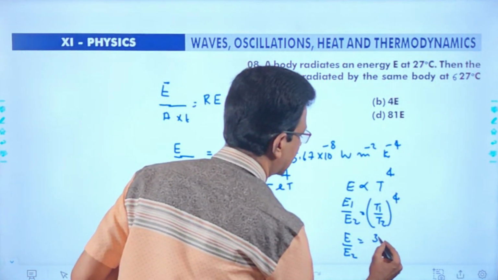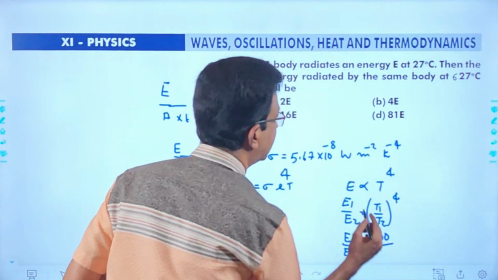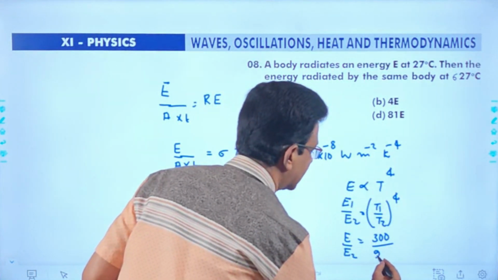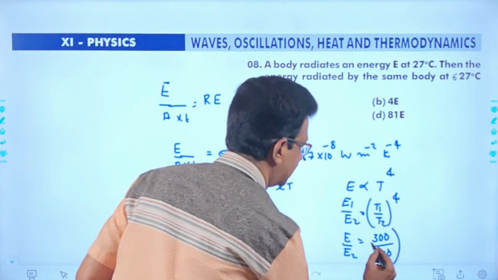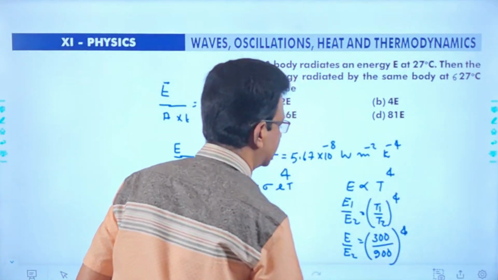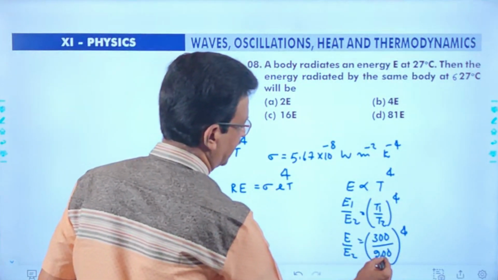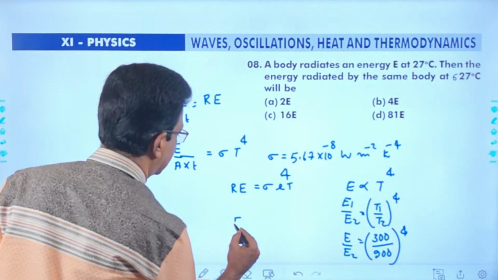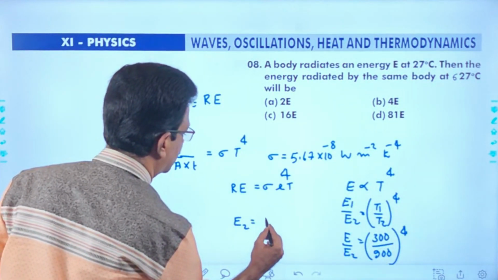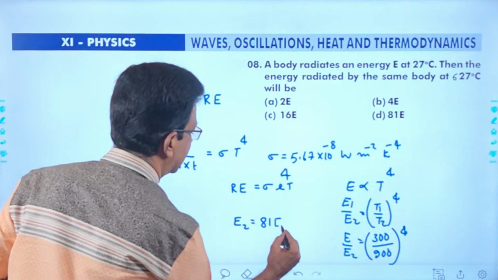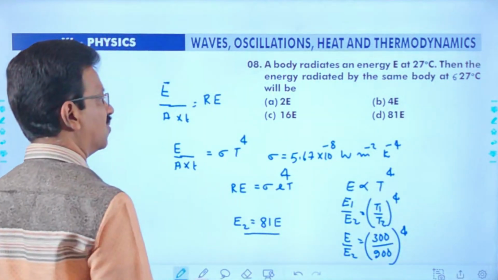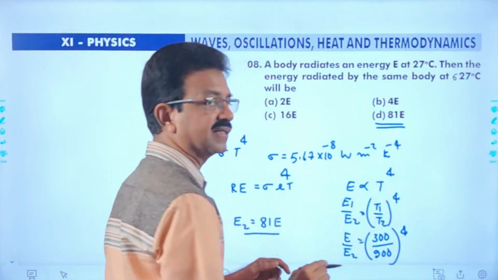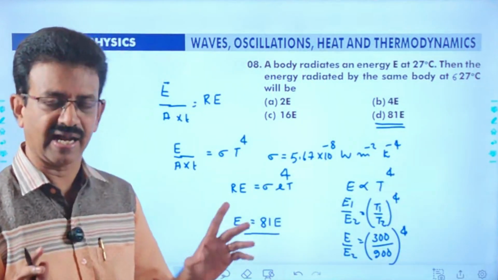T1 is 300 Kelvin. T2 is 627 plus 273, that is 900 Kelvin, raised to 4. Therefore, it becomes 3 raised to 4, which is 81. Therefore, E2 equals 81E. So the correct answer is 81E, D choice.